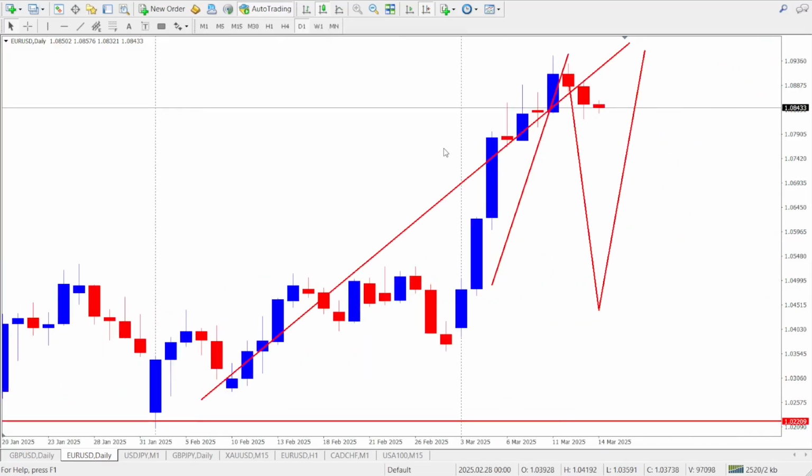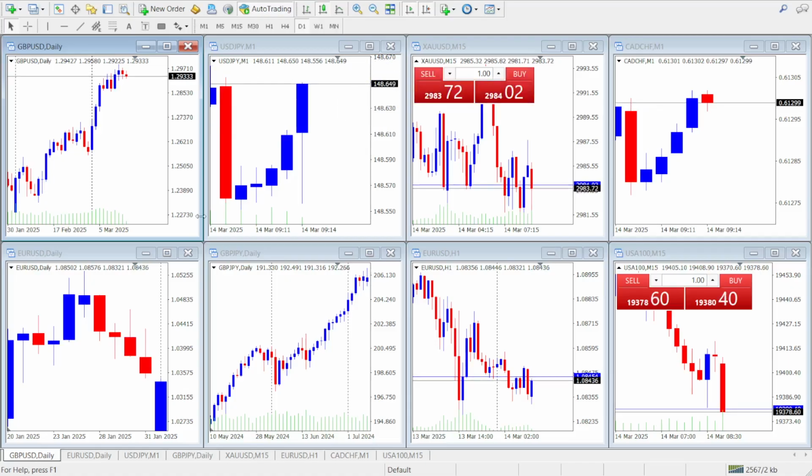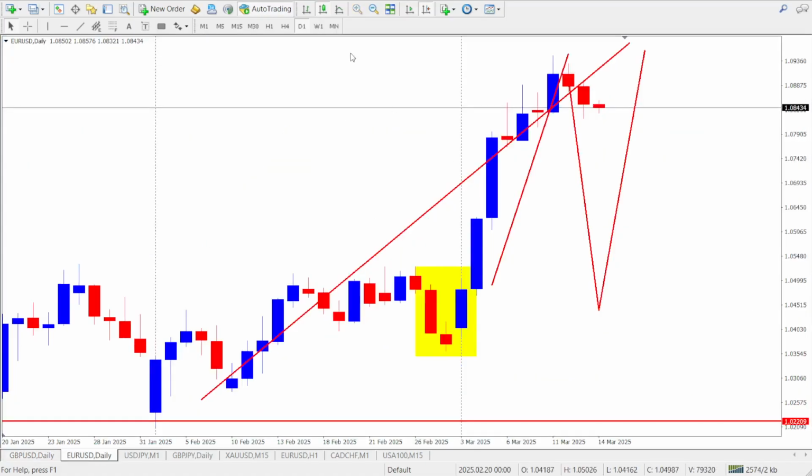I can see a morning star here. It's a three candle pattern: first a bearish candle, then a small bodied candle, and then a bullish candle. It signals a reversal to the upside. You can see that we had an example here, the morning star pattern, and we had a move to the upside after the pattern.